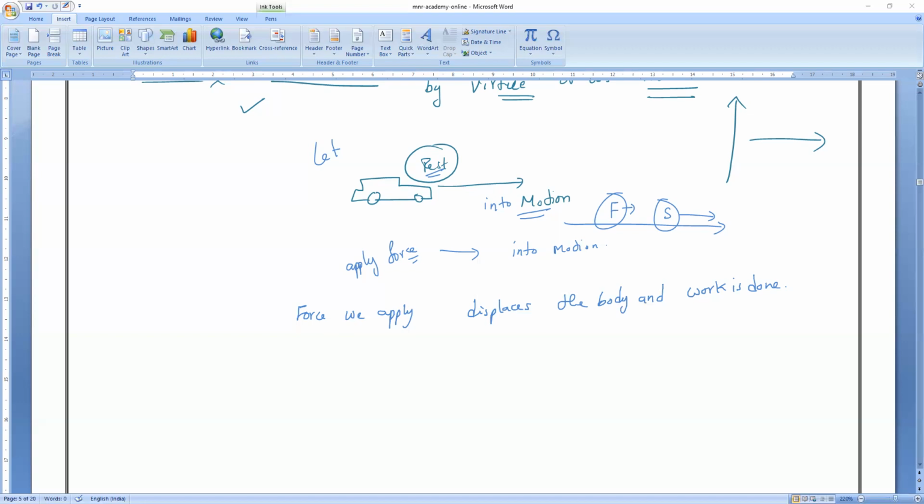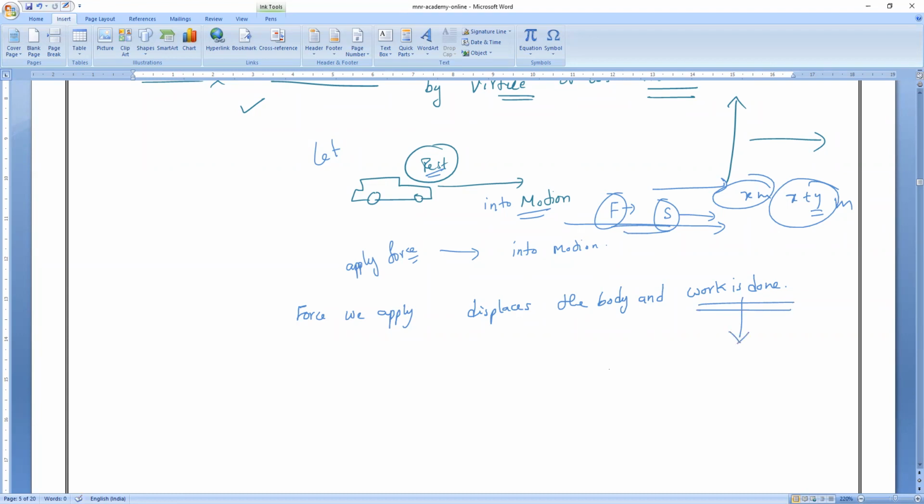Whatever force I am applying to take the body from a state of rest to a state of motion, due to my force the body will show some displacement. It may travel x meters or x plus y meters, doesn't matter. Whatever the distance traveled, it is equal to the total work done on the body. Am I right or wrong, guys?